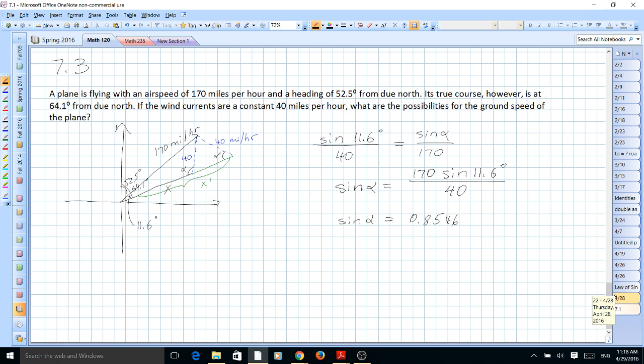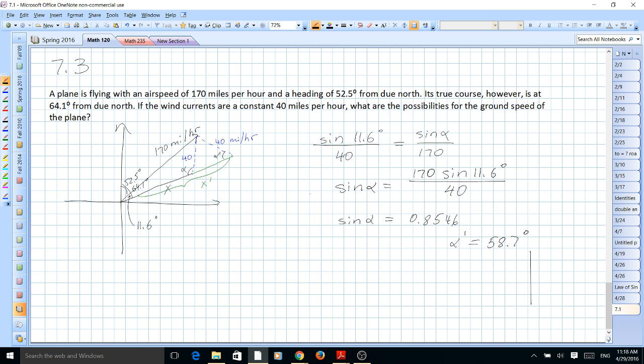You put this in the calculator, and the calculator will spit out an answer. One of the answers it'll give you is 58.7 degrees. So that's this acute angle. So that's what my calculator gave out, 58.7 degrees. The other one is the obtuse.